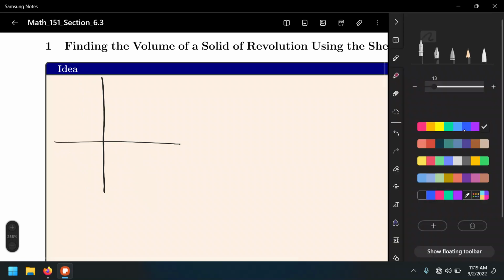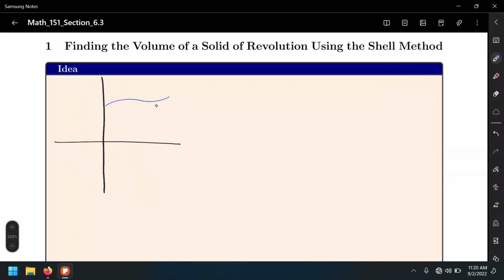Number one, we have this region of integration in which, from a to b, we have f of x, which is the top function, and g of x, which is the bottom function.